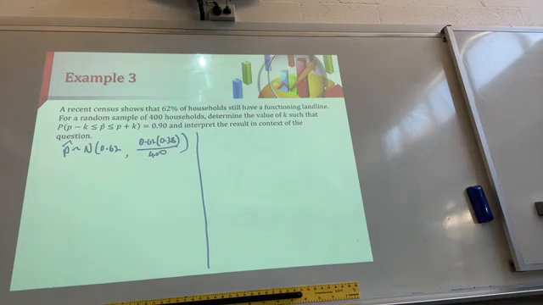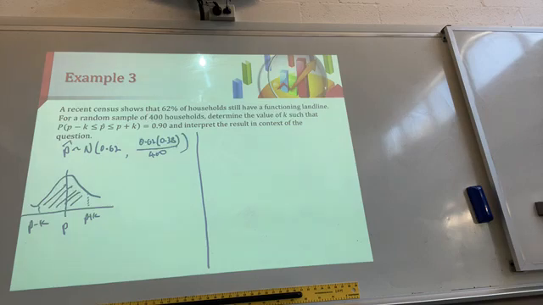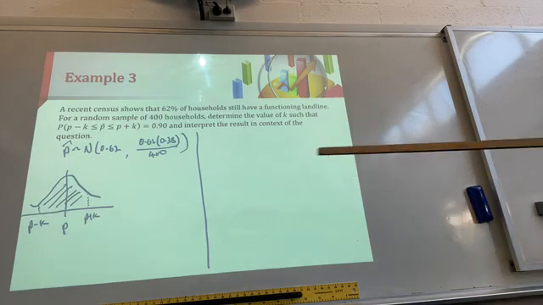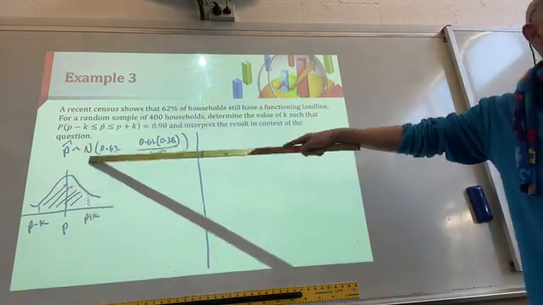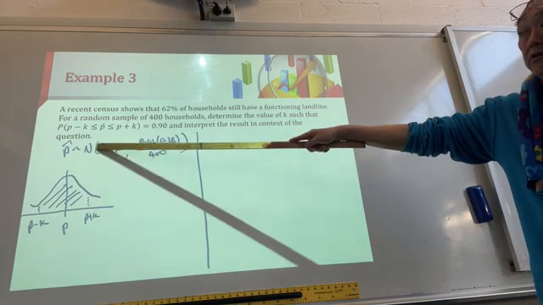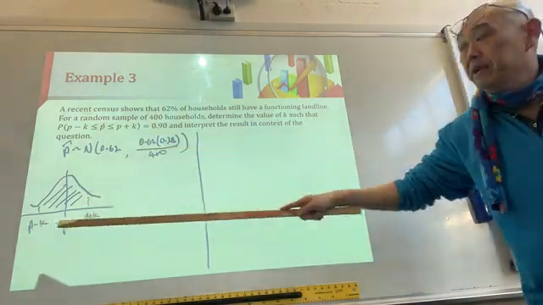So draw it out. You know what p is: p minus k and p plus k. I wrote down p because you know that the expected value of p hat is p. Therefore this is p, and then p minus k, p plus k.